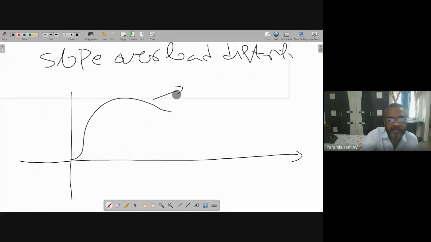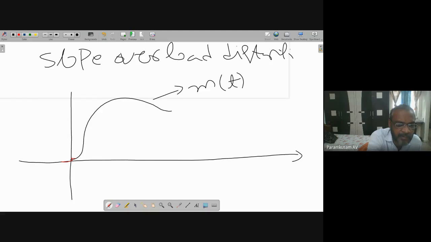This is m of t. Then let us draw the m cap of t. M cap of t delta modulator m cap of t ఎలా వస్తుంది? First it produce step input.